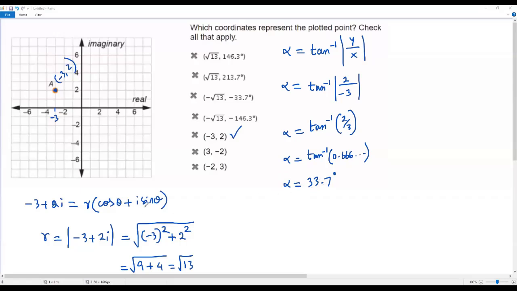Now we have to get the angle measure theta, which is in the second quadrant, because the plotted point is in the second quadrant. For that, we have to draw the 4 quadrants. Okay, let me do it.